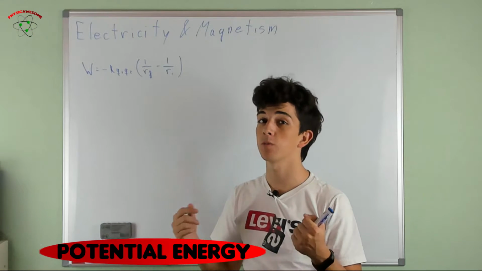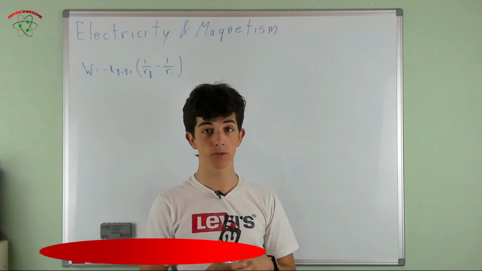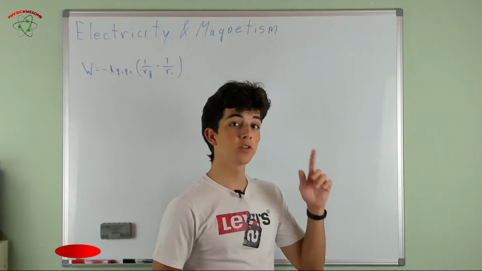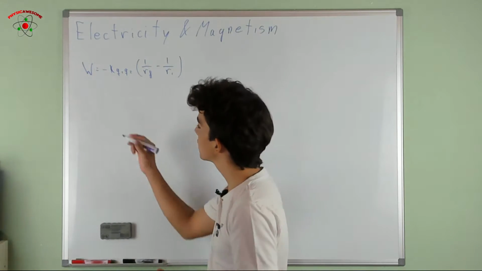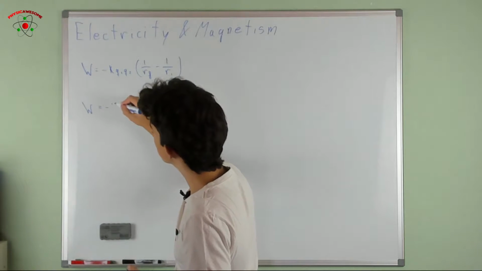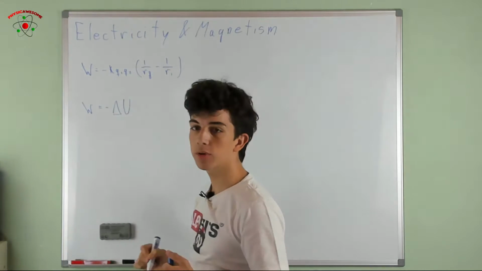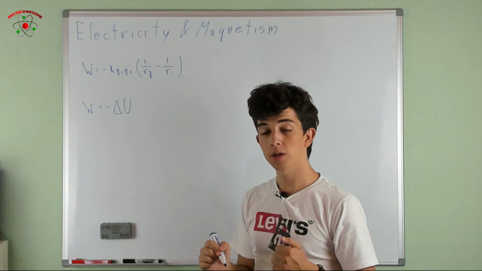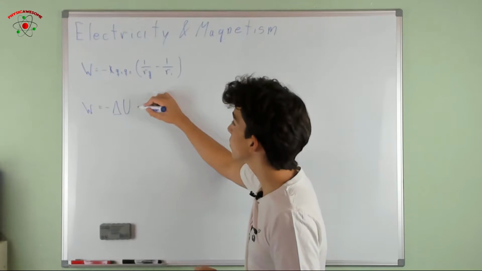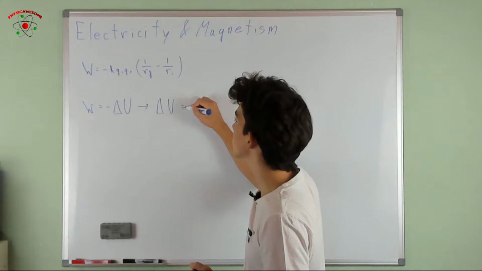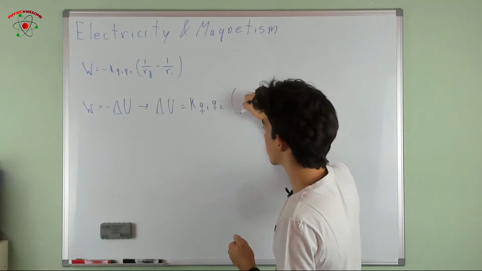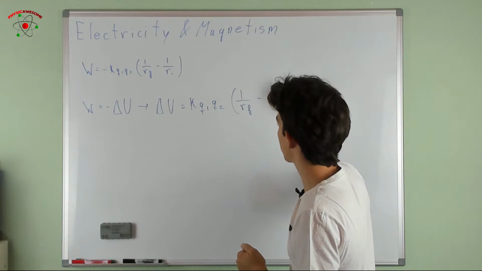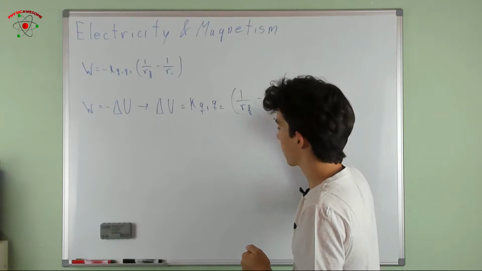If you haven't watched our video from our classical mechanics series on potential energy, you should go watch it now. In that video, we found that work equals minus the change in potential energy. Therefore, in this case, we find that the change in potential energy is k q1 q2 over r final minus r initial.